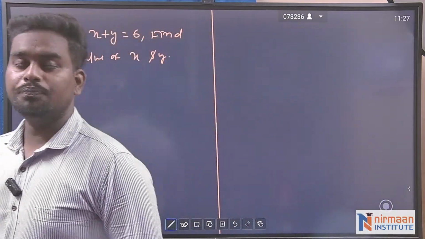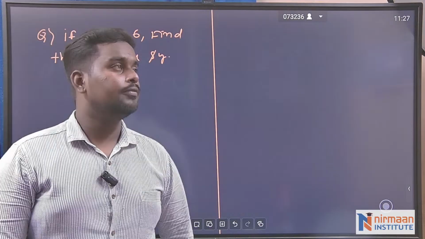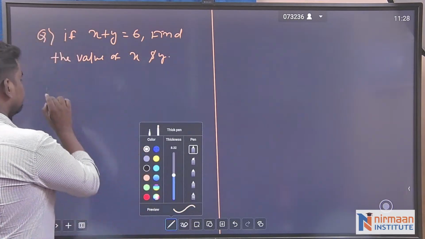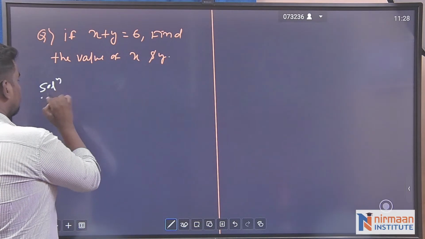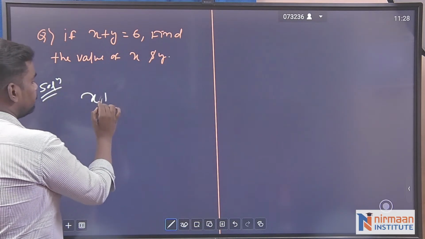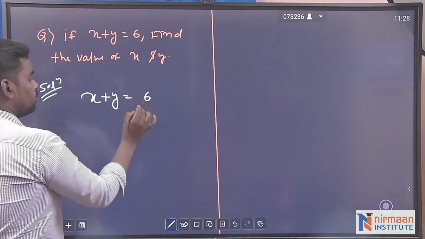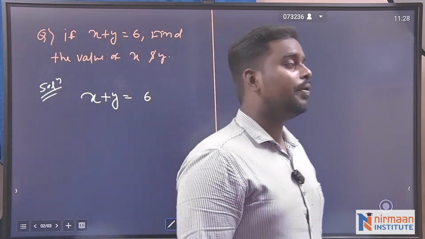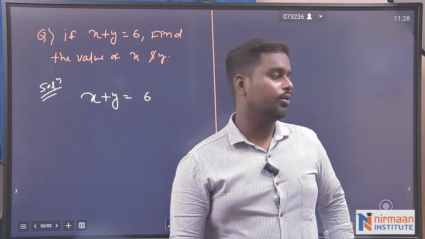Can you be able to find the value of x and y from the given equation alone? What is given? x plus y is 6 only. So my question is, can you find the value of x and y?